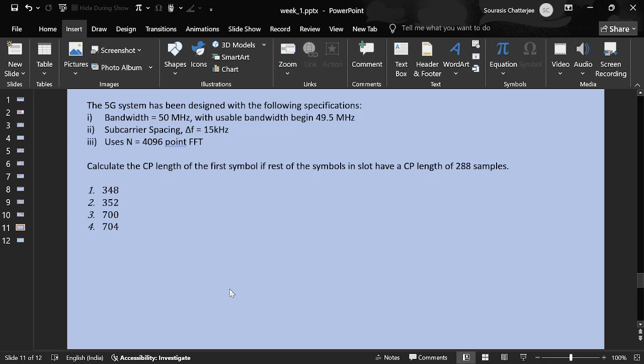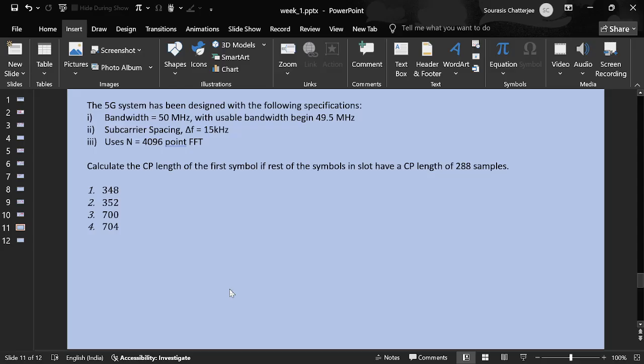The reason is that when you have a particular sampling rate, it is not exactly going to match when you add the number of samples and CP times symbols. So there will be some extra samples that don't really carry any information. It's just to fill up the gap. I think that will get clear once we get to the answer.